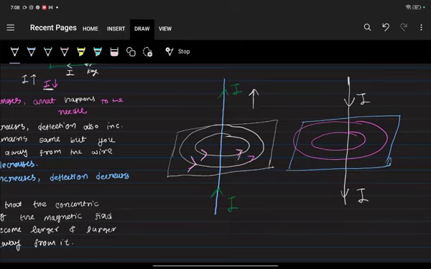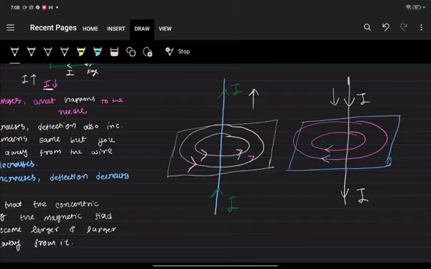Now the current is in the downward direction, so the magnetic field lines direction will be in the opposite direction, obviously. Are you getting my point? Are you facing any problem understanding this concept? Please do let me know.